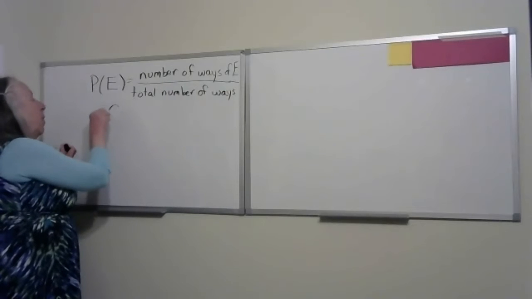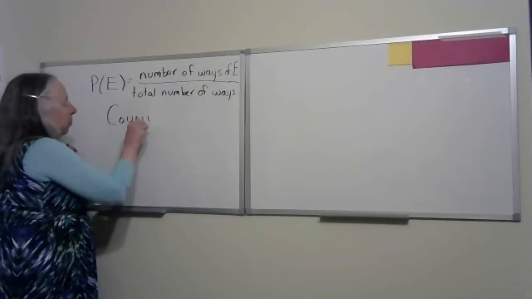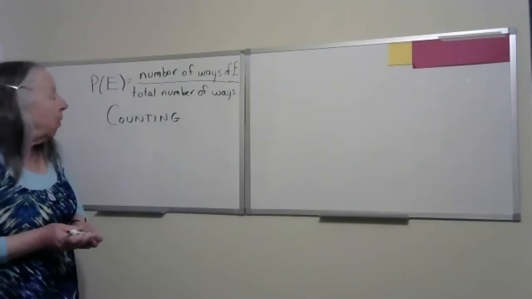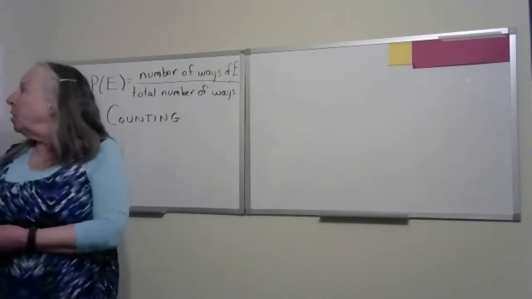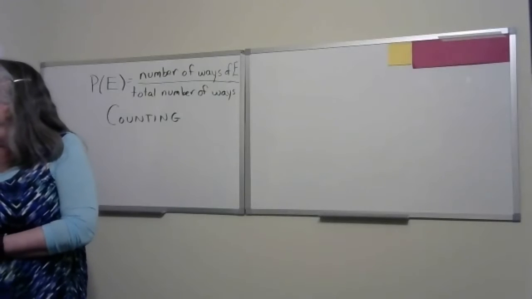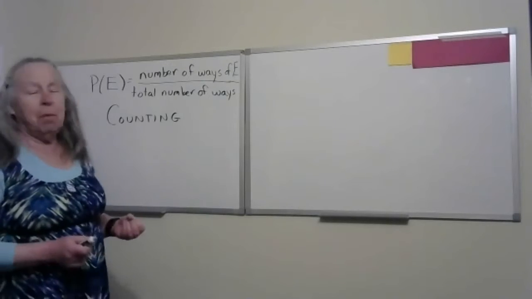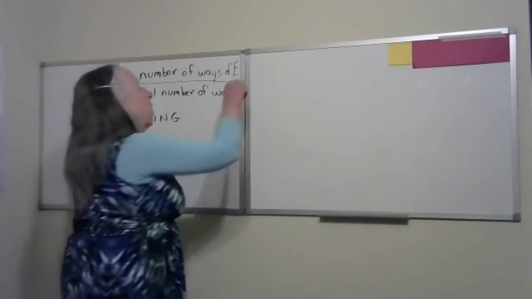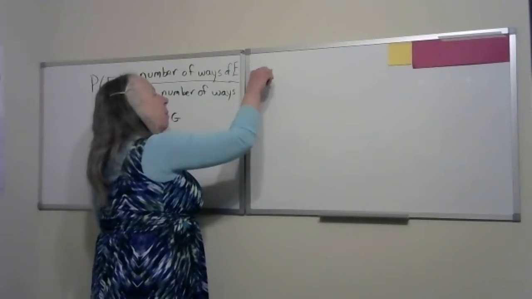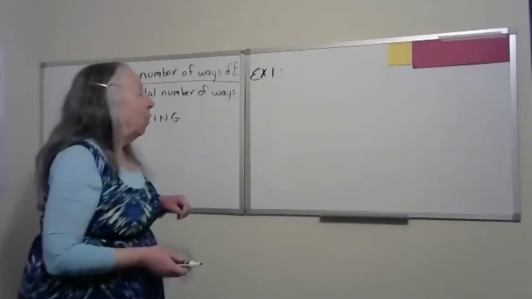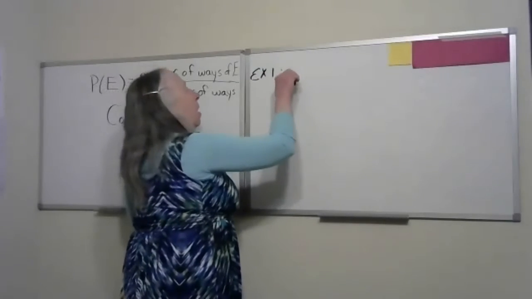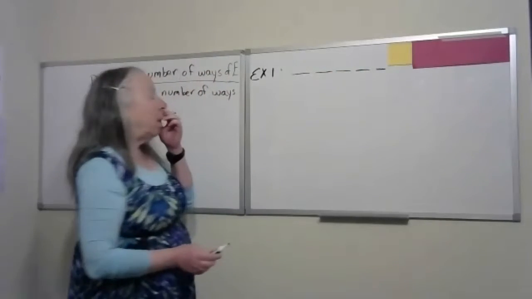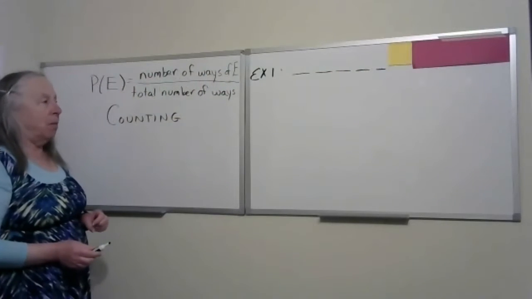So we're going to revert back to our counting that we did before. Let's remind ourselves, in our first example, we're looking at an unbiased, better known as a fair coin, being tossed 5 times.